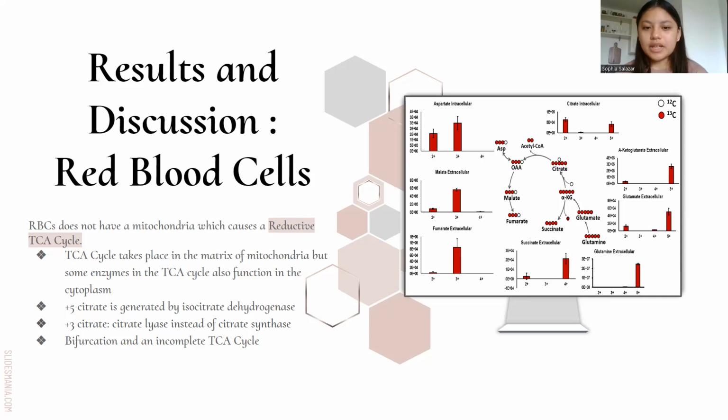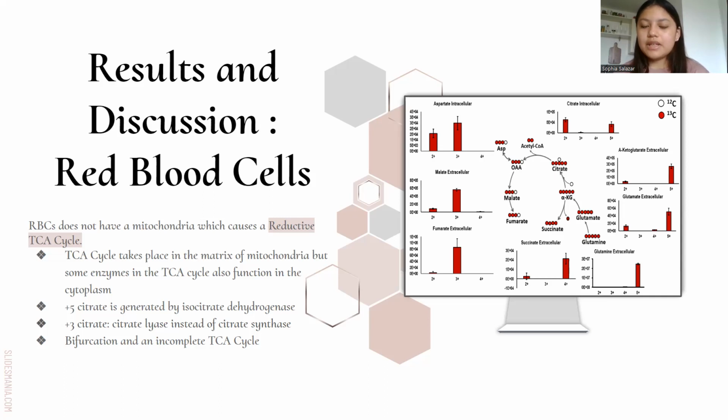The +3 aspartate indicates that +5 citrate loses 2 carbon-13 carbons in the form of acetyl-CoA to produce +3 aspartate. The reason this happens is the presence of citrate lyase enzyme that splits 6-carbon citrate into 4-carbon OAA and 2-carbon acetyl group attached to coenzyme A.